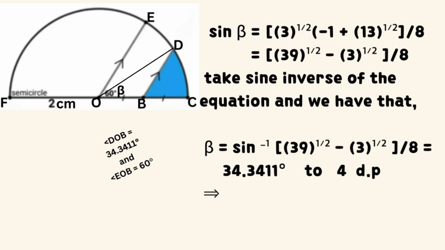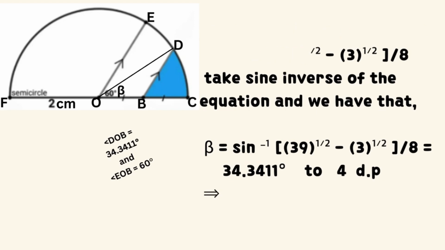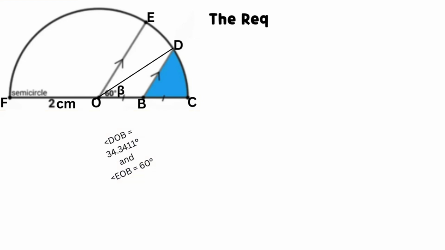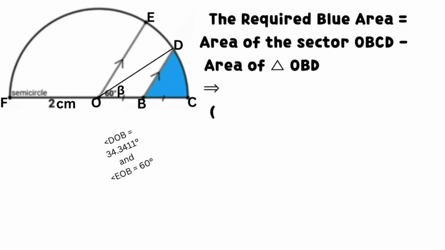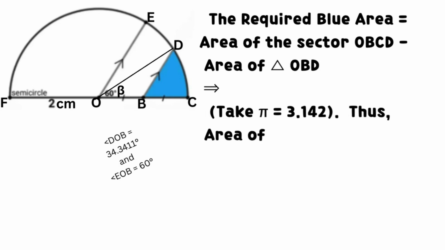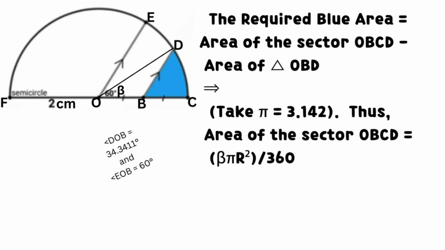It signifies that the required blue area equals the difference between the area of the sector OBCD and the area of triangle OBD.